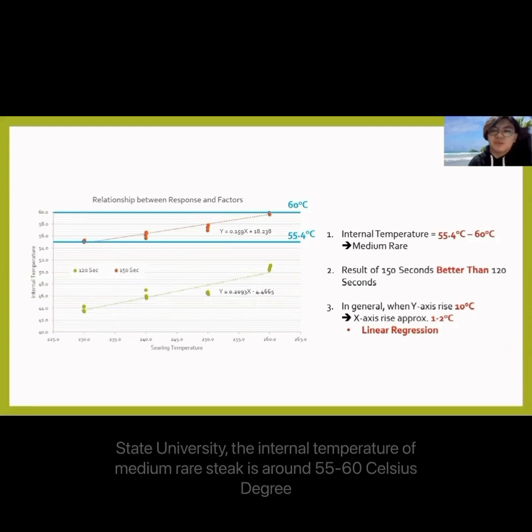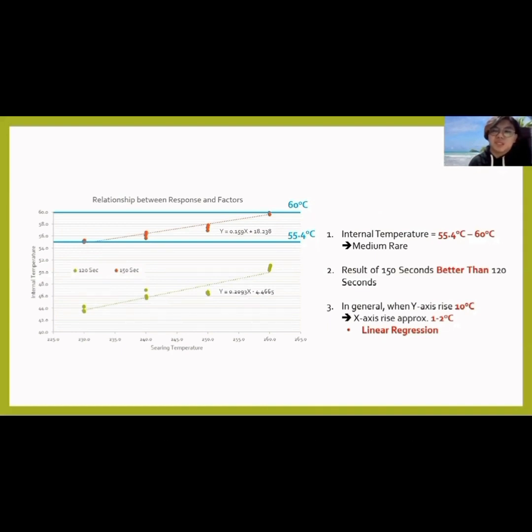According to Chicago State University, the internal temperature of medium rare steak is around 55 to 60 Celsius degrees. In terms of cooking time, the result shows that most of the 115-second cases can achieve medium rare. Therefore, 115 seconds with 214 to 215 Celsius degrees is more suitable for medium rare steak.